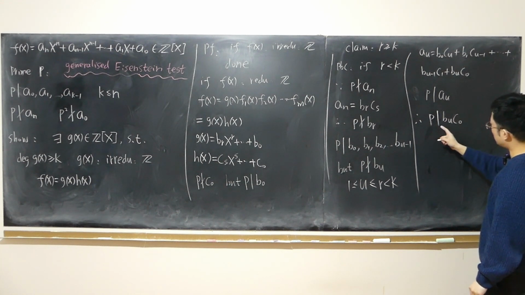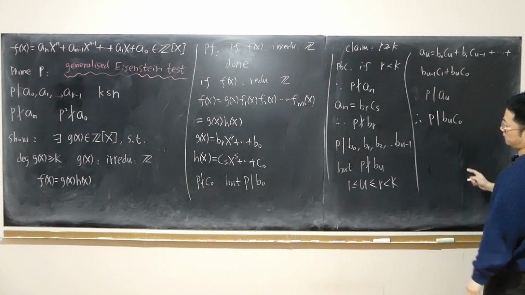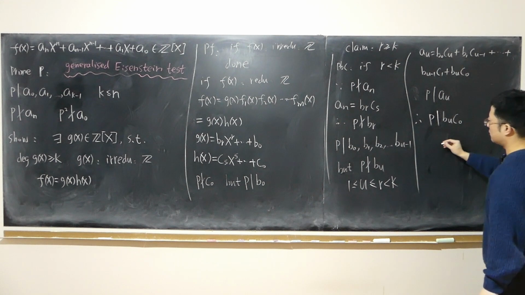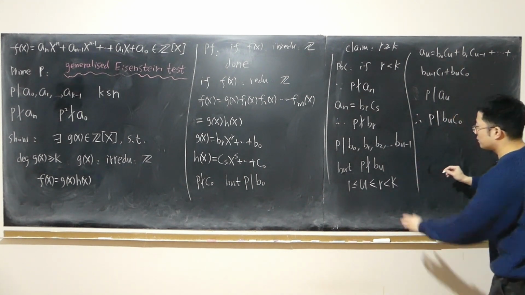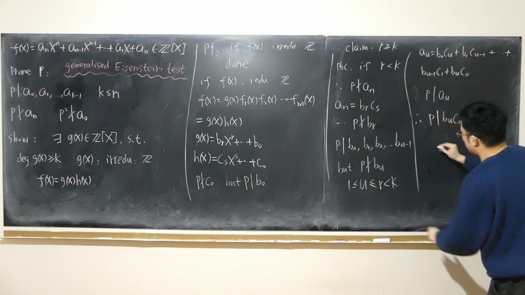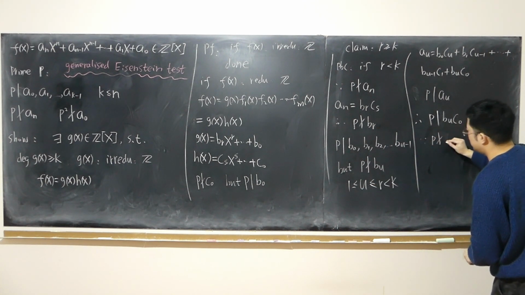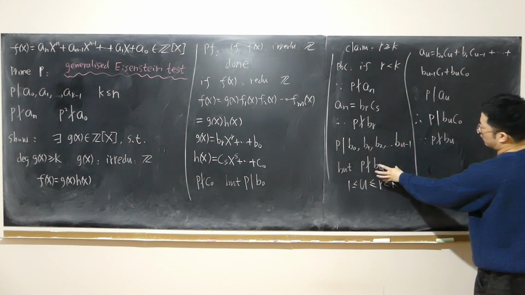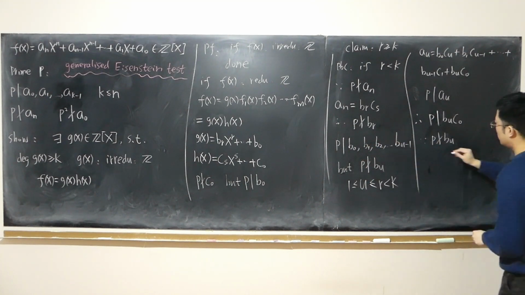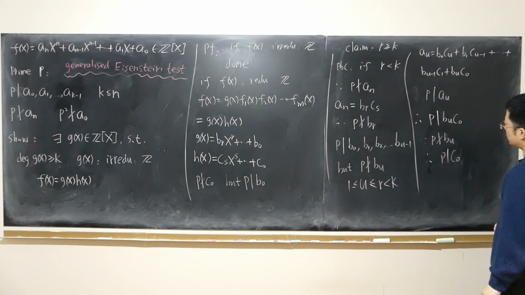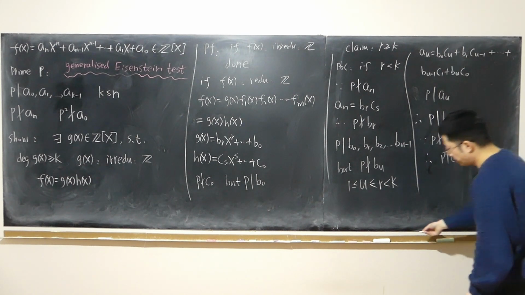So P can either divide B_u or C_0, or both. Can it be both? No, since P doesn't divide B_u. Like I said, B_u is the first one that cannot be divided by P out of those. So P can only divide C_0. Contradiction.